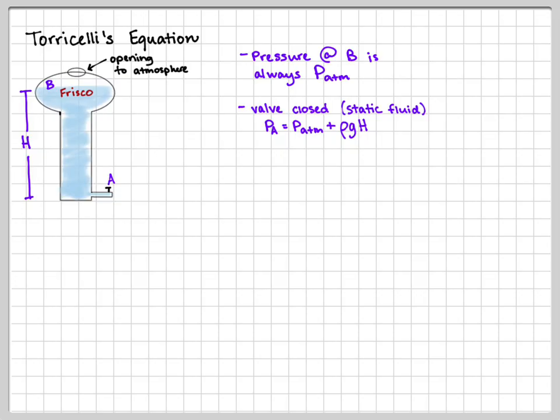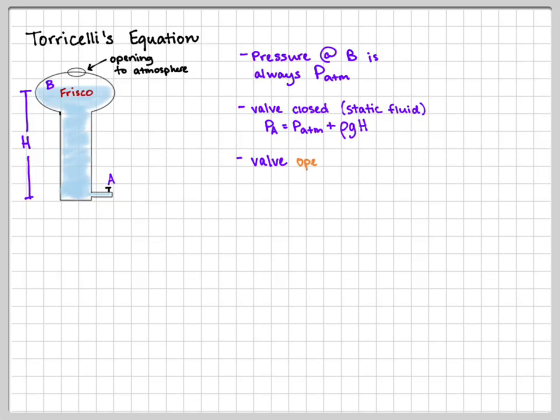With the valve closed, think back to static fluids: the pressure at the valve, at location A, is equal to atmospheric pressure plus rho g times the depth, or in this case the height of the water column. When you open the valve, you can't use the static fluid formula anymore.